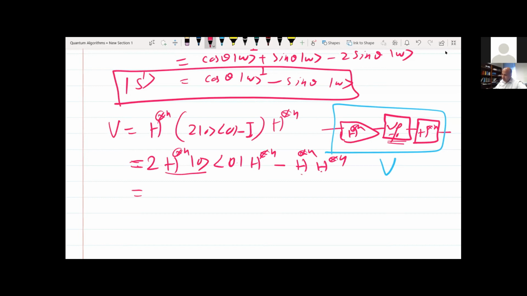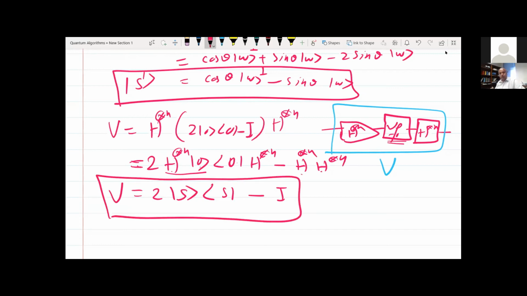And this is Hadamard on 0. We have already worked out that this is the S state. So this is S ket, and this is S bra. So this is identity. This V operator is also called the diffusion operator, but some people also like to call it the reflection operator. It is 2|S><S| minus I.